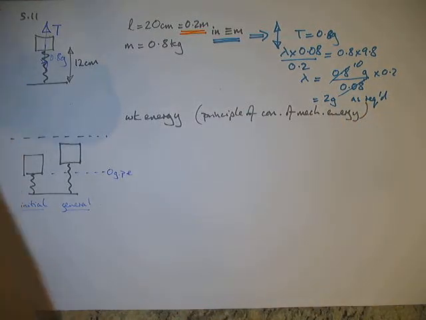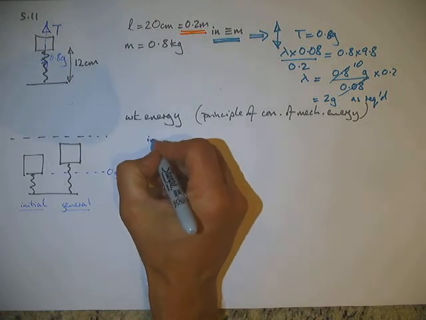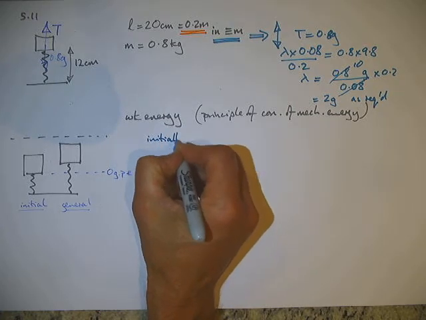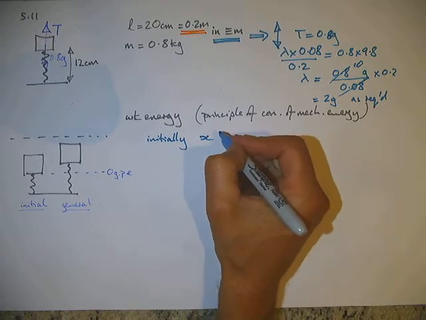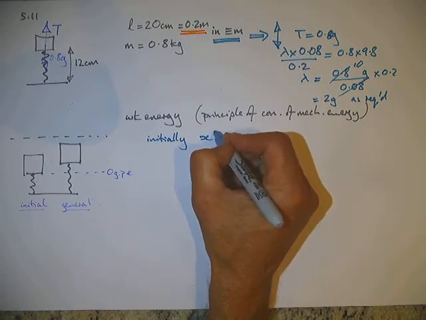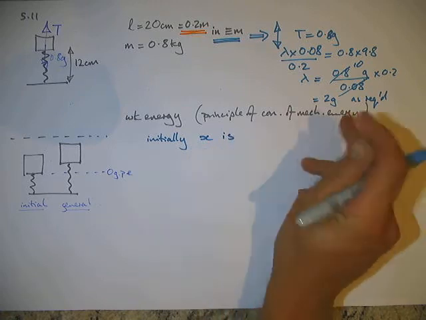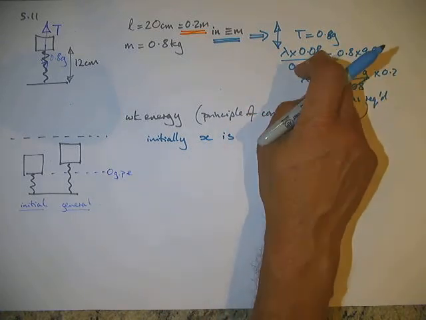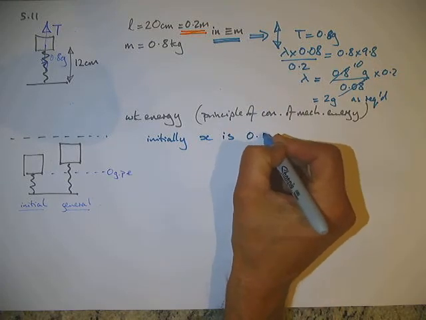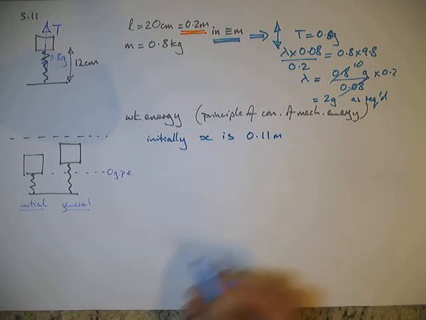Right, this next bit's a bit more complicated. So the spring is pushed down a further 3 centimeters. So initially, compression, so we might use compression x is 0.08 added to the 0.03, so it is 0.11 meters.